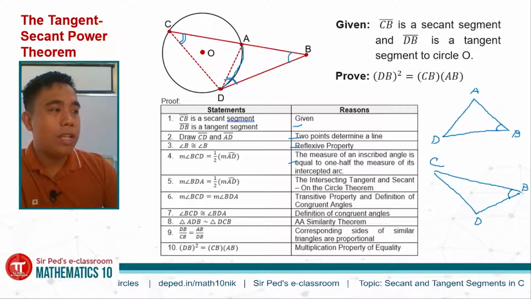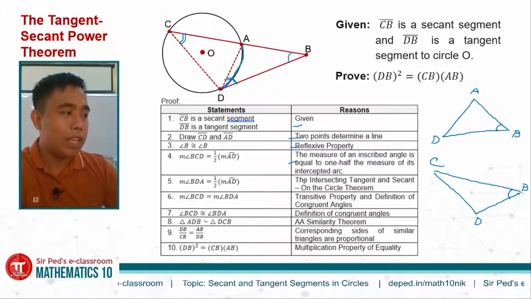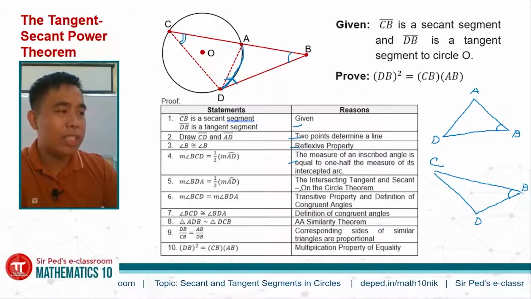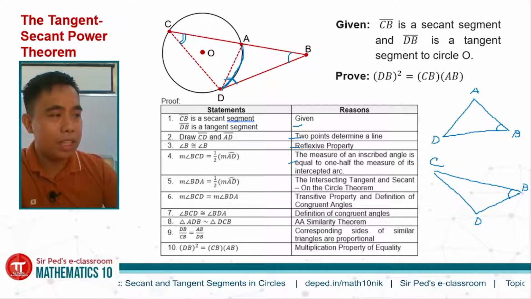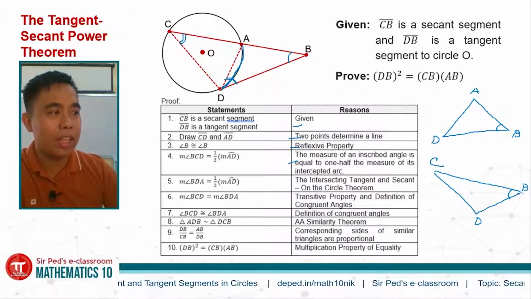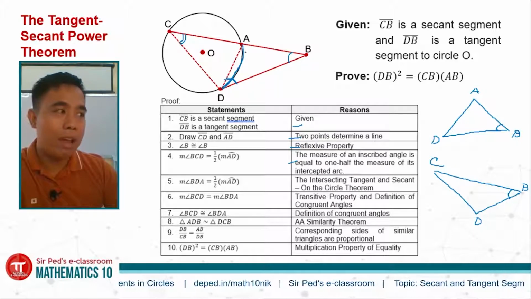And then, for number 5, the measure of angle BDA, we are referring to this, is equal to 1/2 of its intercepted arc. The reason is the intersecting tangent and secant on the circle theorem. If we have a secant and a tangent that intersect on the circle, then the angle formed is equal to 1/2 of its intercepted arc.